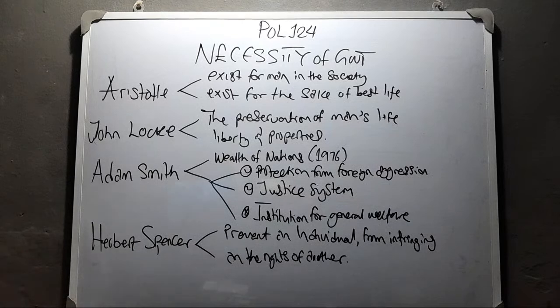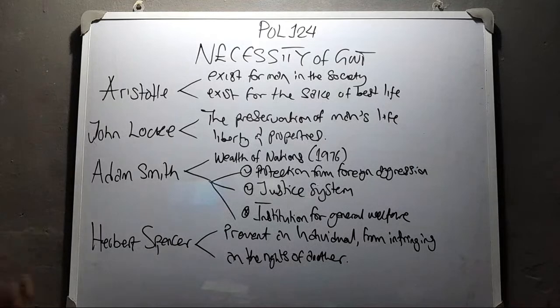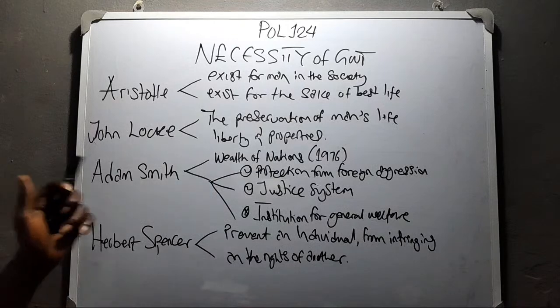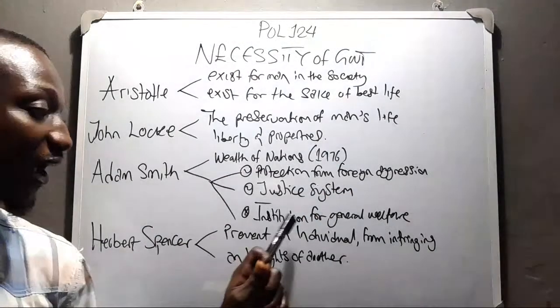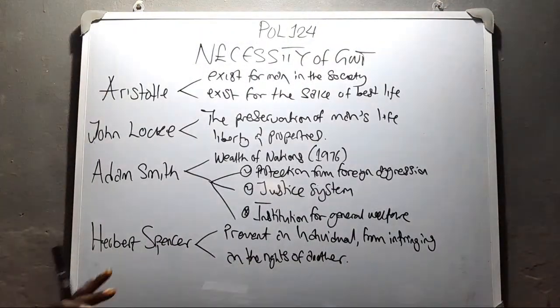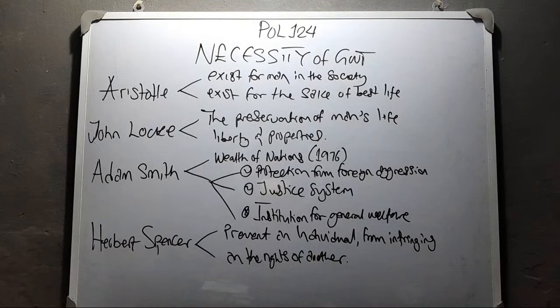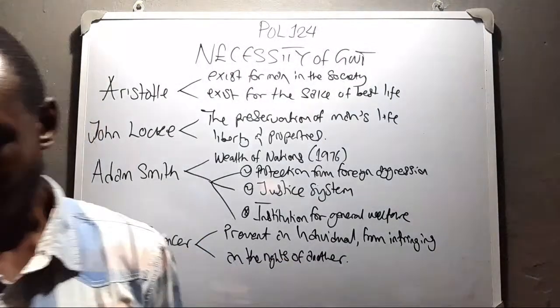The very first one is protection from foreign aggression. That is the necessity why government should exist in a state. Then a justice system, and public institutions for general welfare. And we have the last one, which is Albert Spencer. He said it is the prevention of an individual from infringing on another's rights.